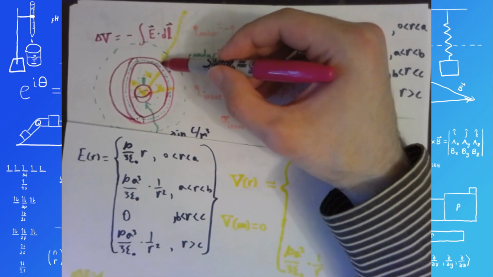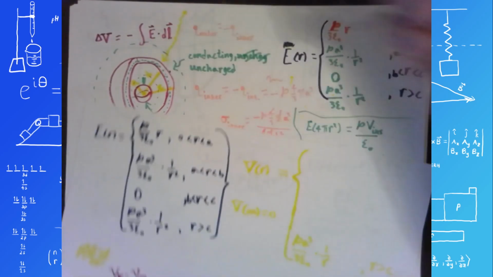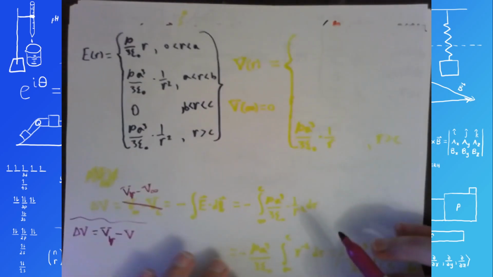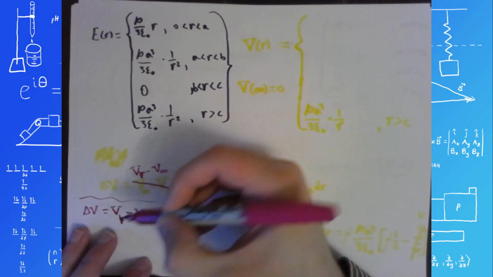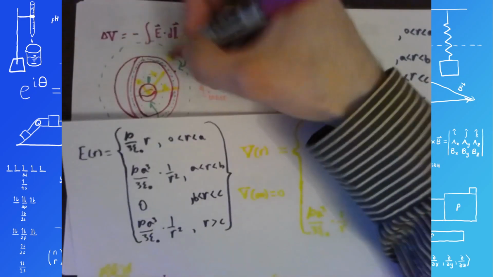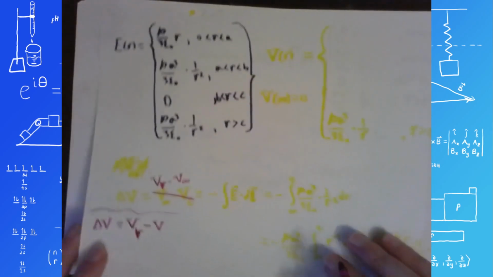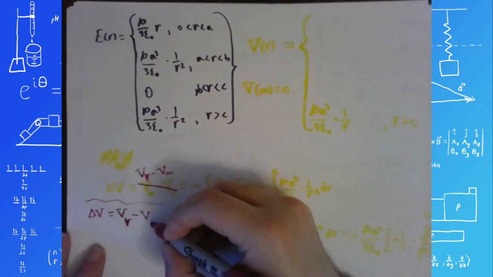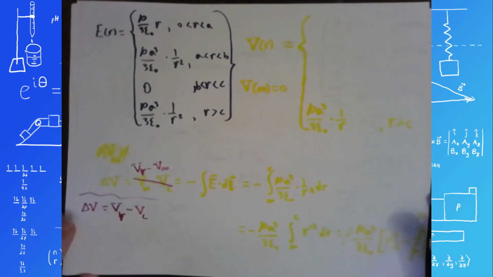So instead I want to start from the surface of my outer sphere and work my way towards the inner surface of the outer sphere. So I'm going to compare the difference between voltage at position R, which is any random place between B and C, and voltage at a distance of C from the center.